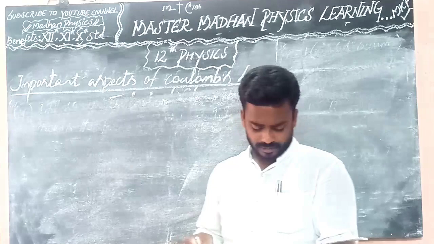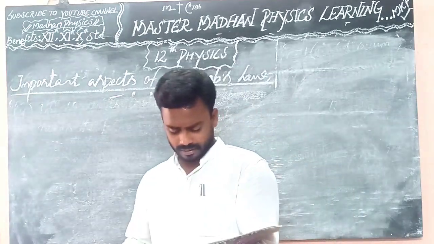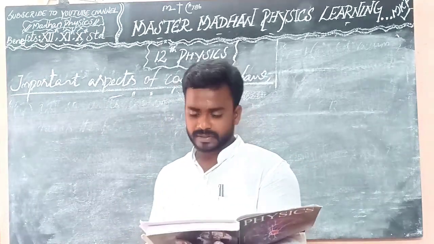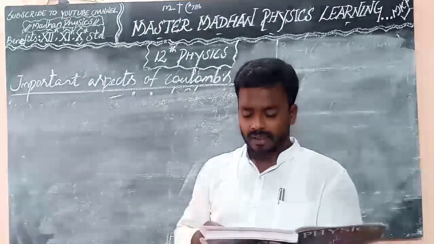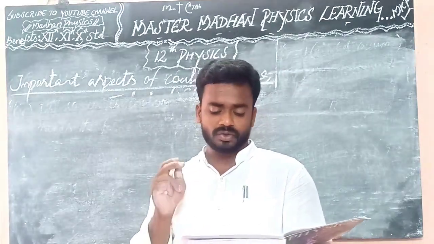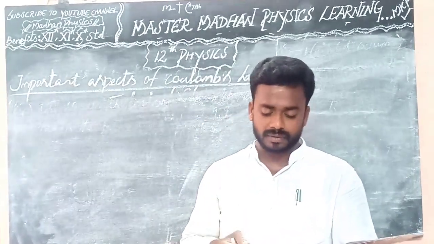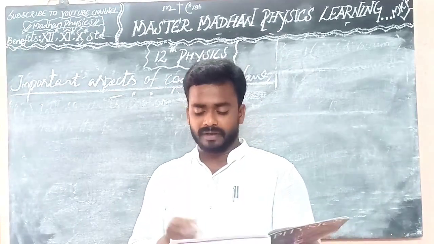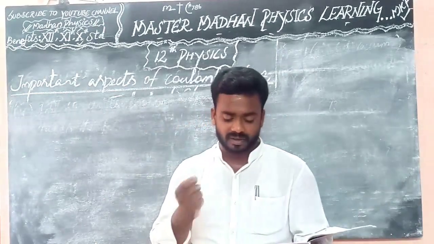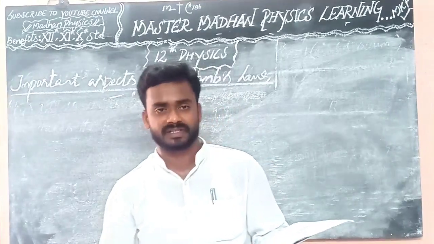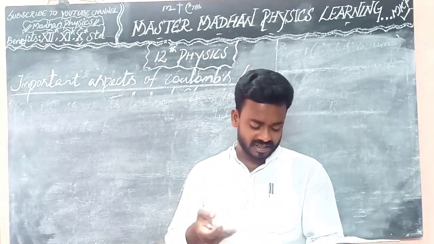See, first one is Coulomb's law. Second, the gravitational force between two masses is always attractive, but a Coulomb force between two charges can be attractive or repulsive depending on the nature of the charges. Both points are very easy.